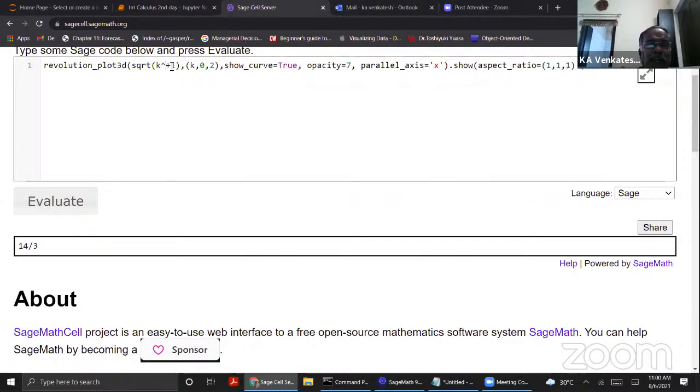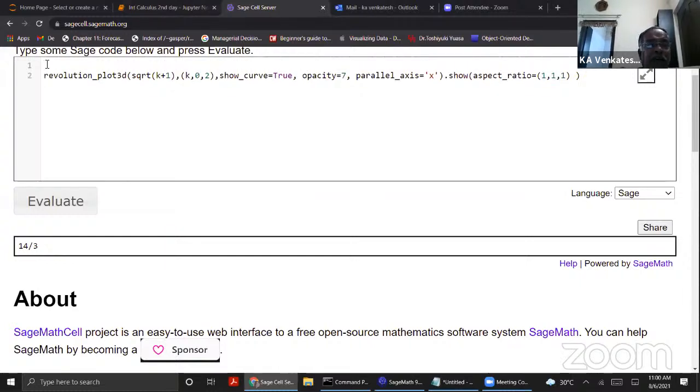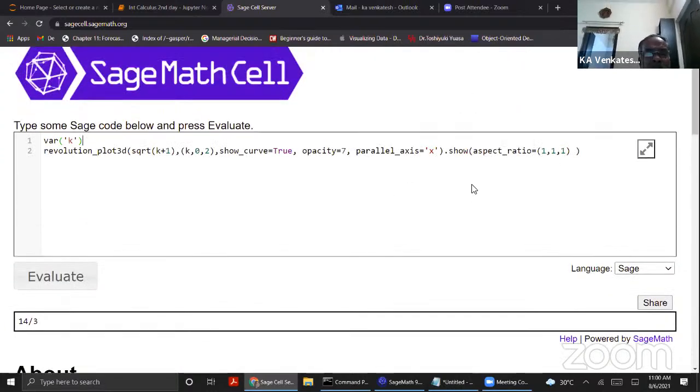The moment I define k plus 1, it will say error because a variable is not defined. So I define the variable within single quotes, k. So this is the syntax: square root of k plus 1.